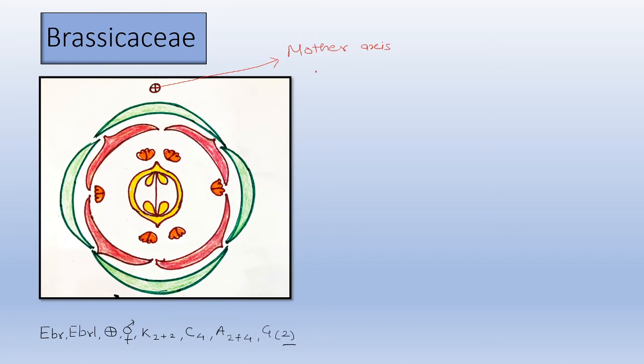And now you all know every flower generally consists of 4 whorls. These 4 whorls are the outermost, that is the calyx, then corolla, then androecium, and in the center there is the gynoecium.